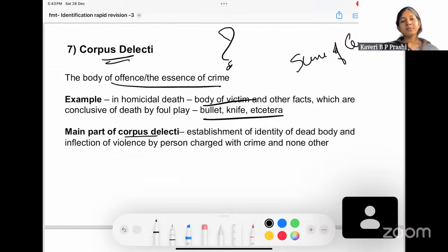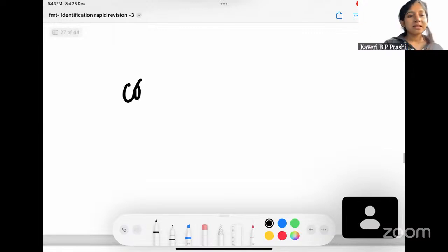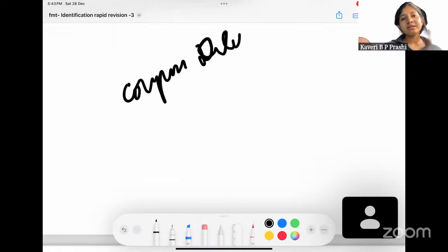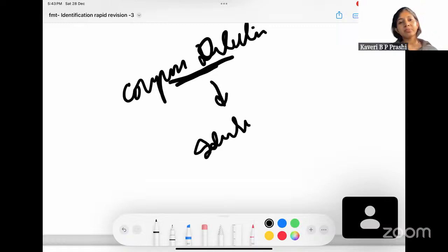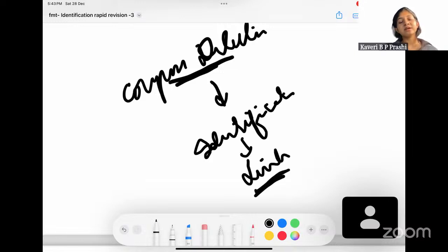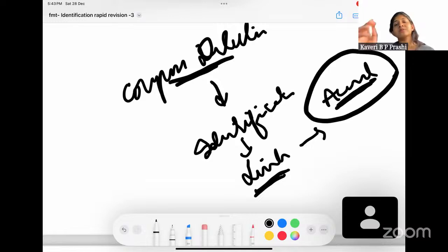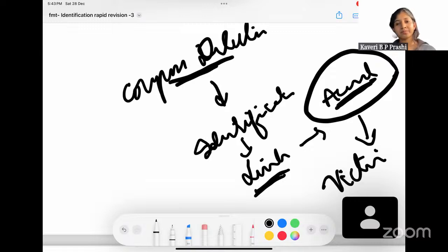The main part of corpus delicti is to establish the identity of the dead body and infliction of the violence by the person charged with the crime and none other. That is, it gives us an opportunity to identify the person properly. It acts as a link between the scene of crime, the accused, and the victim.